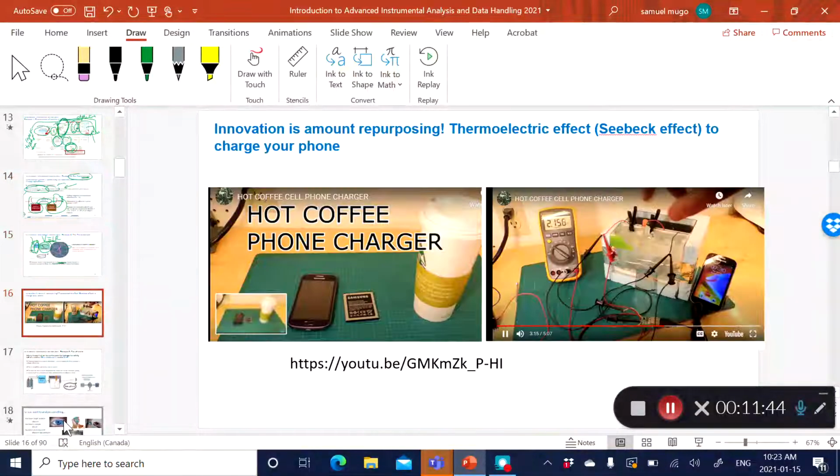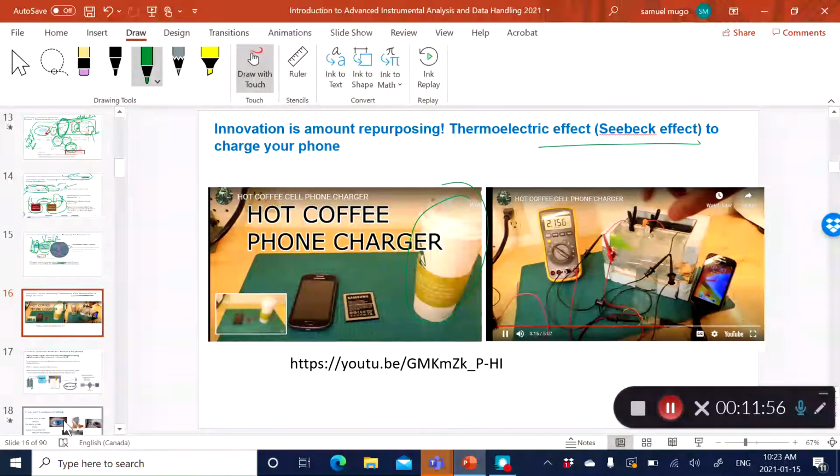I'll give you an example of somebody who's done something very simple, using essentially the thermoelectric effect. Somebody takes a coffee cup, there's coffee in it and it's hot, and then they just put in a thermocouple, just simply solder two dissimilar metals, which converts the thermal energy in the coffee into a voltage or into electricity, and they can use it simply to charge their cell phones.